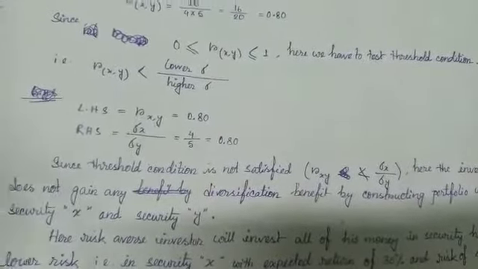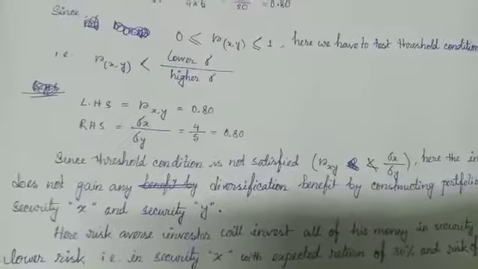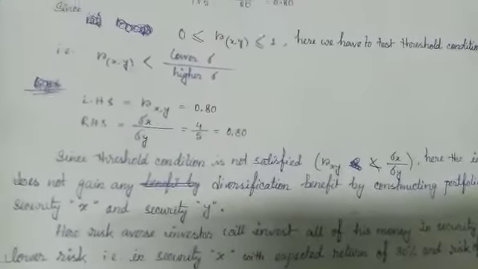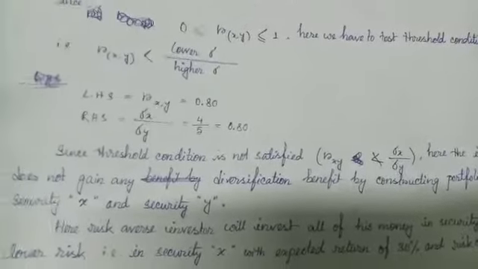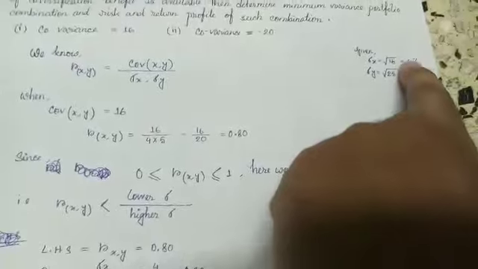So here the risk-averse investors will invest their money in the lower risky security, that means in security X, having a risk of 4% and an associated expected return of 30%.